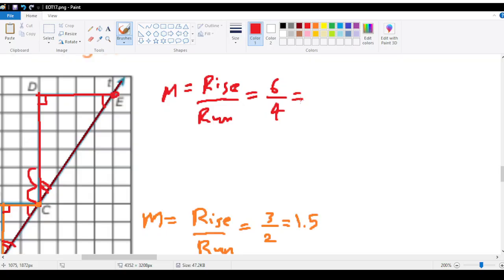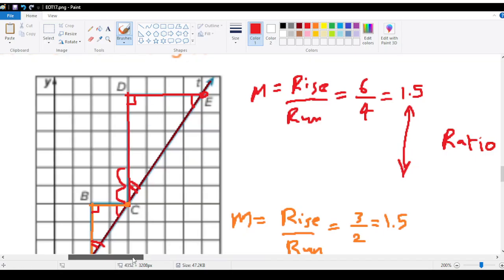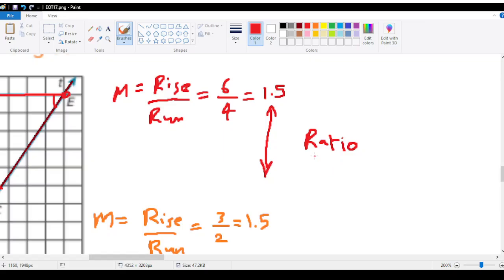1.5. Is it different from the other slope? No. They have the same slope. The slope is similar to the thing we talked about before, which is the ratio. So it is the same slope or the same ratio. What can we understand about these figures, are they similar to each other? Yes. They are similar to each other because they have the same ratio.